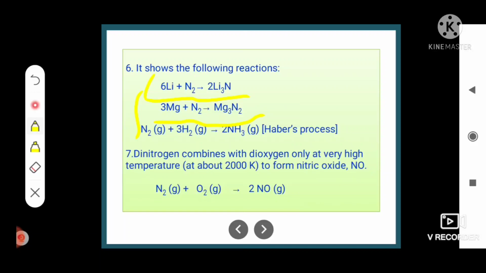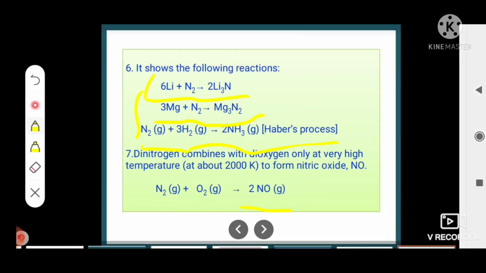Then N2 plus 3H2: here dinitrogen reacts with a non-metal to form ammonia, and this preparation of ammonia is called the Haber process. Dinitrogen combines with dioxygen only at a very high temperature, about 2000 Kelvin, to form nitric oxide: N2 plus O2 gives NO.